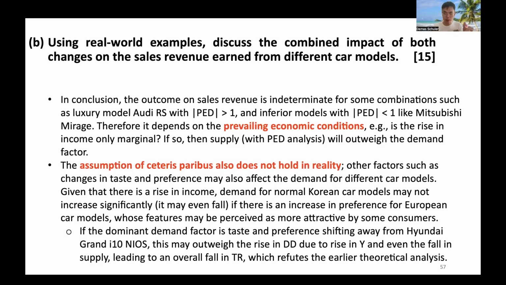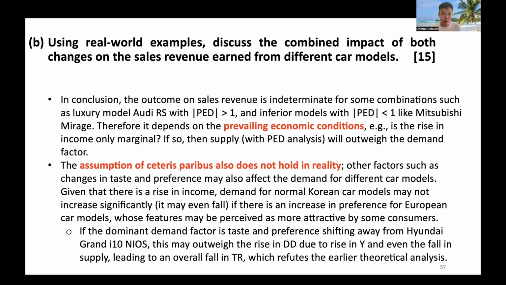Just a quick recap: necessity, YED between 0 and 1, and luxury goods, YED greater than 1. So in economic terms, normal actually comprises both necessities and luxury goods. It may not increase significantly. It may even fall if there is an increase in preference for European car models whose features may be perceived as more attractive by some consumers.